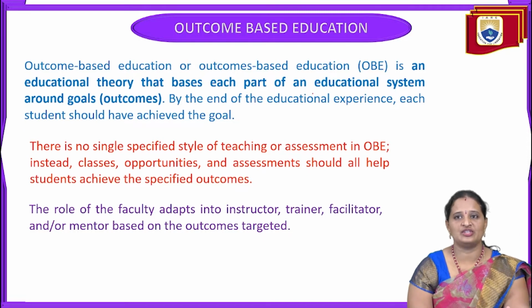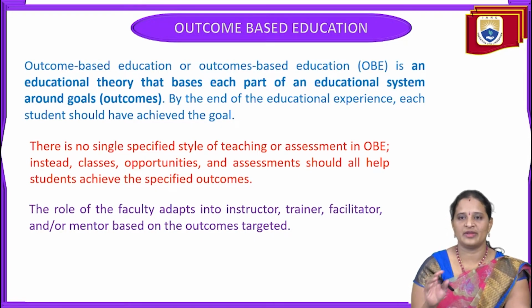By the end of the educational experience, each student should have achieved the goal. There is no single specified style of teaching or assessment in OBE. There are various ways of teaching in outcome-based education, and even the outcomes are assessed in different ways. Whereas in traditional education, there is a standard procedure of teaching and also of assessing. That is, the evaluation process is also standard.